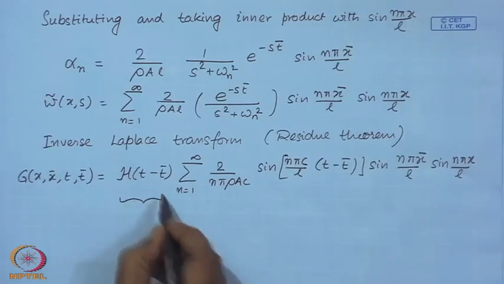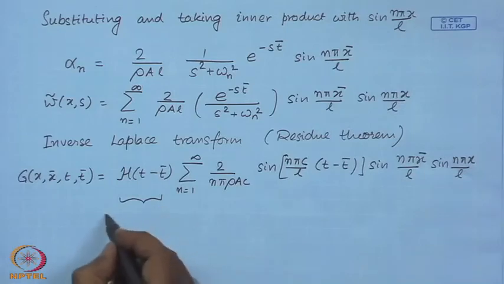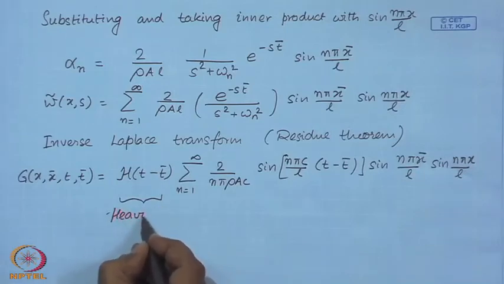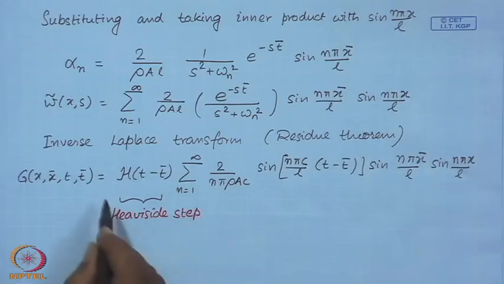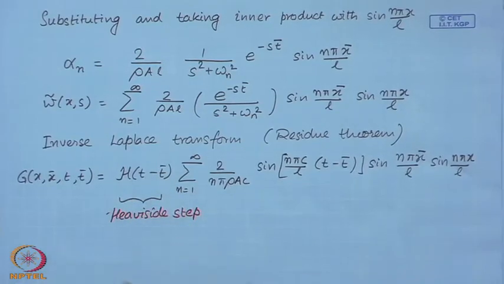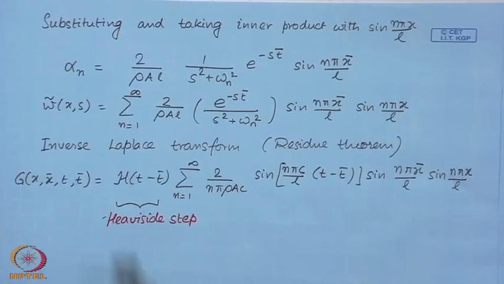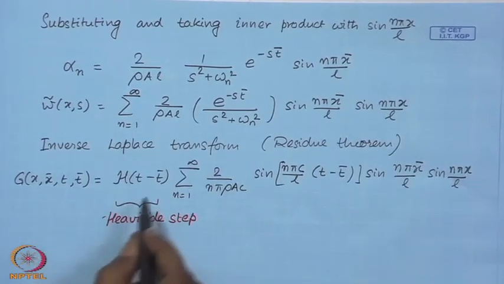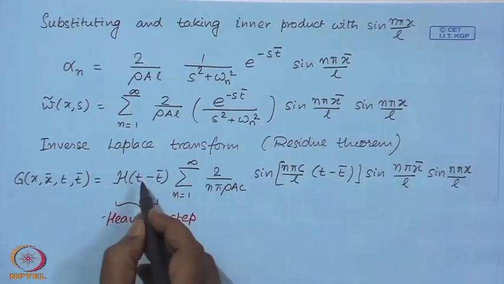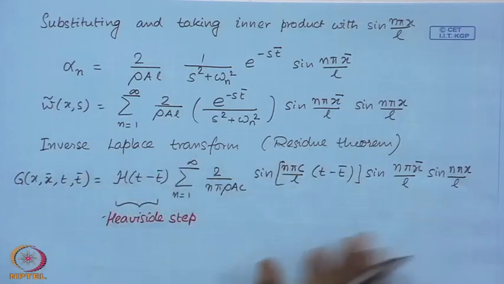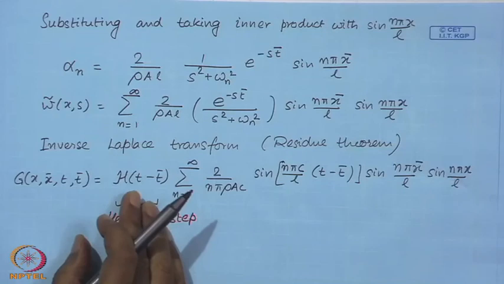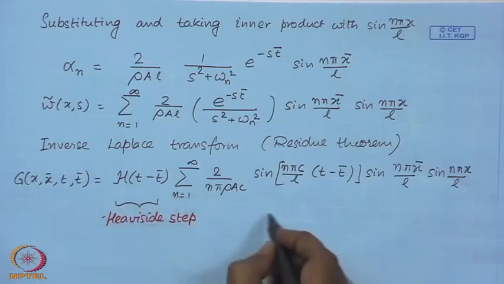Here this is the Heaviside step, which comes from the causality, which means that the solution does not exist before the impulse is provided. So, for t less than t bar, the solution is 0. So, the solution is non-zero only when t is greater than t bar.